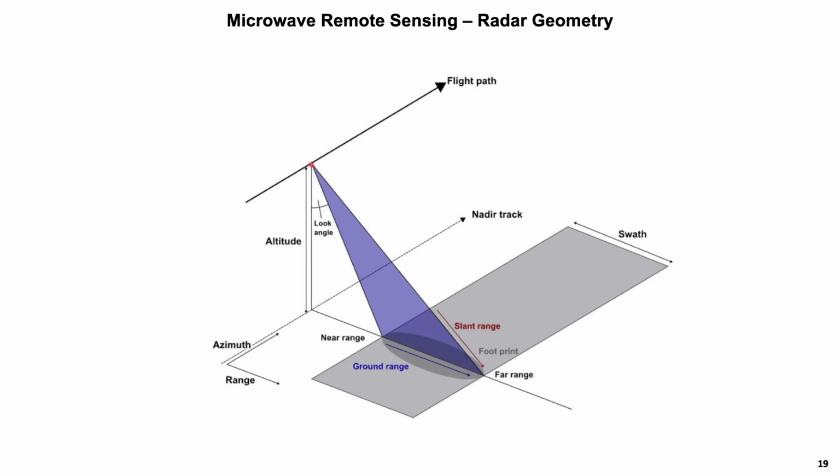So it is going to look towards one side of your flight path in the perpendicular direction, and it is going to emit your pulse. Your pulse is going to travel along this slant range, and then it's going to hit your ground. So you will have two ranges: one is the near range and one is the far range, and the width is your swath width.